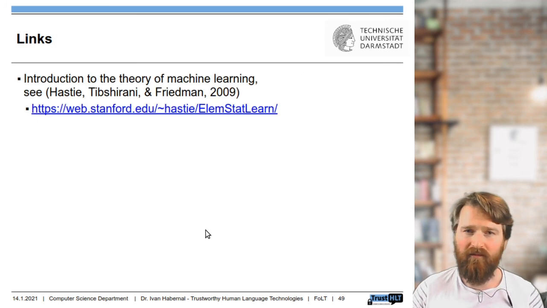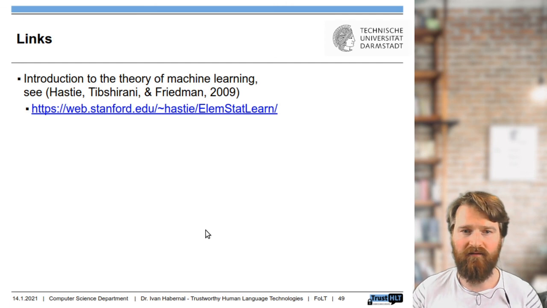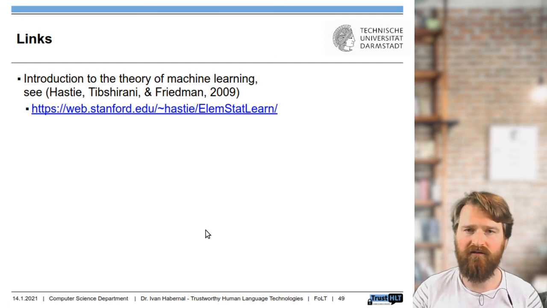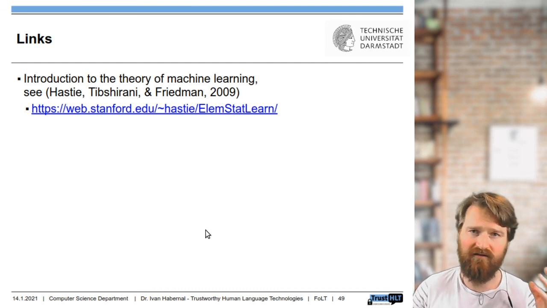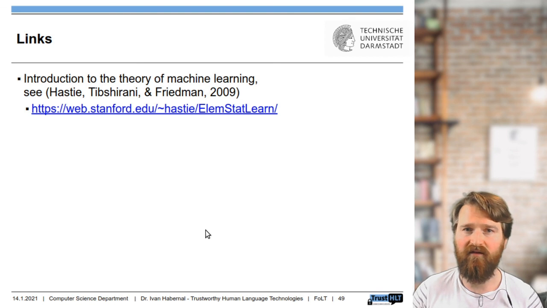If you're curious about more theory on machine learning, this book by Hastie et al. is free to download on the internet. I would recommend checking it out or keeping it as a reference if you're not sure about evaluations or model selection and so on. It's a very well written reference book.